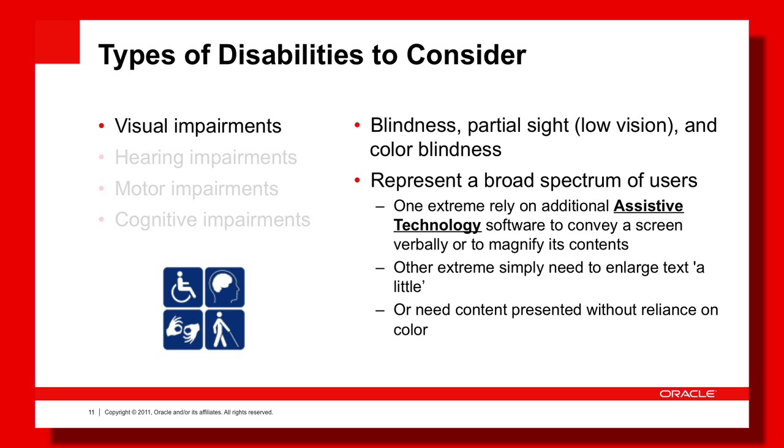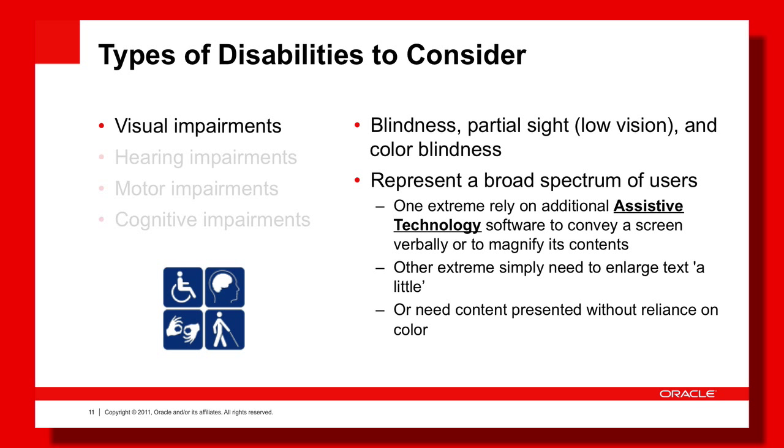Now for blind people, when thinking about their disabilities and building your systems to assist them, what you need to know is a lot of blind people use screen reading tools, or what we might call assistive technology, to read, say, websites or the application to them in order to manipulate the application.